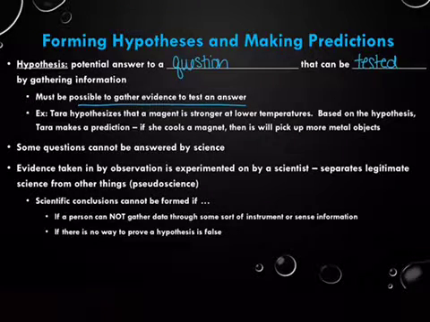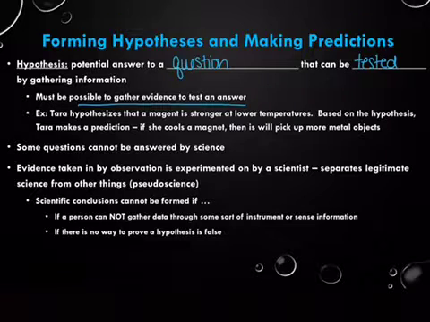So for example, Tara hypothesizes that a magnet is stronger at lower temperatures. This is based on her observations. So then from this hypothesis, she can make a prediction. If she cools a magnet, then it will pick up more metal objects because it would then be stronger. The strength of a magnet would allow it to pick up more objects.